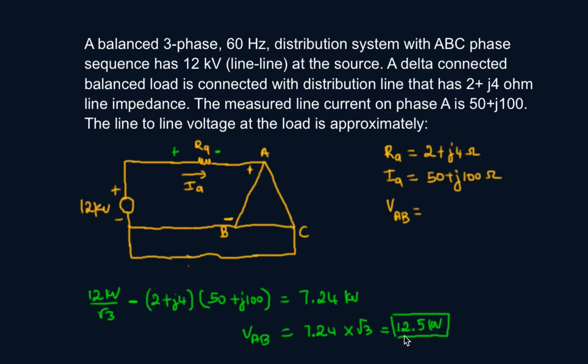I think one thing to remember in this problem is just to draw it. Once you draw it, you'll be able to visualize it, and be really careful between line-to-line and phase. Solve the problem per phase, and if you're asked for line-to-line, bring it back to the line voltage for the entire system. So our answer is 12.5.